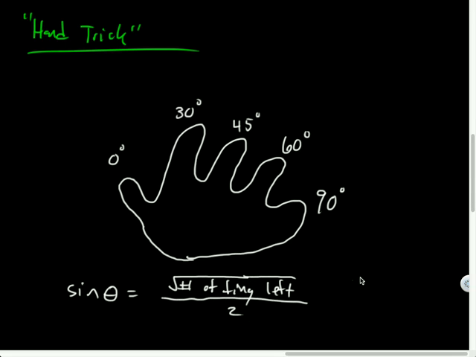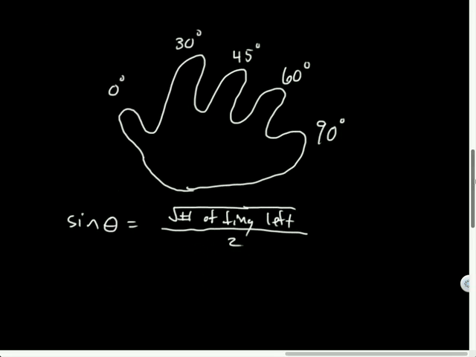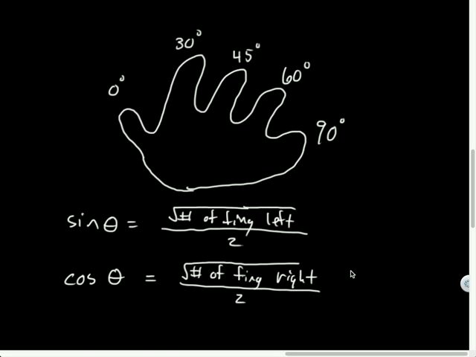Why 2? Just because, that's the rule. Is it always by 2? Yep. And cosine of that angle will be the square root of the number of fingers to the right, divided by 2. So that'd be 3 divided by 2 and 1 divided by 2.